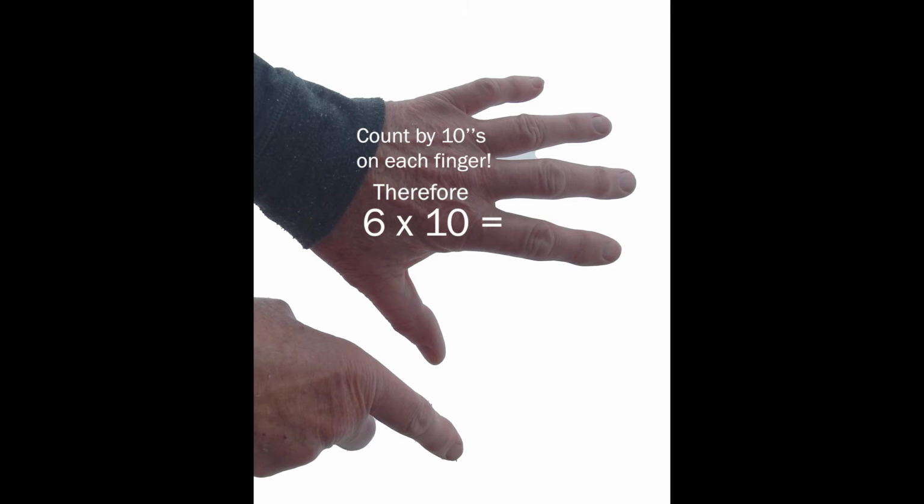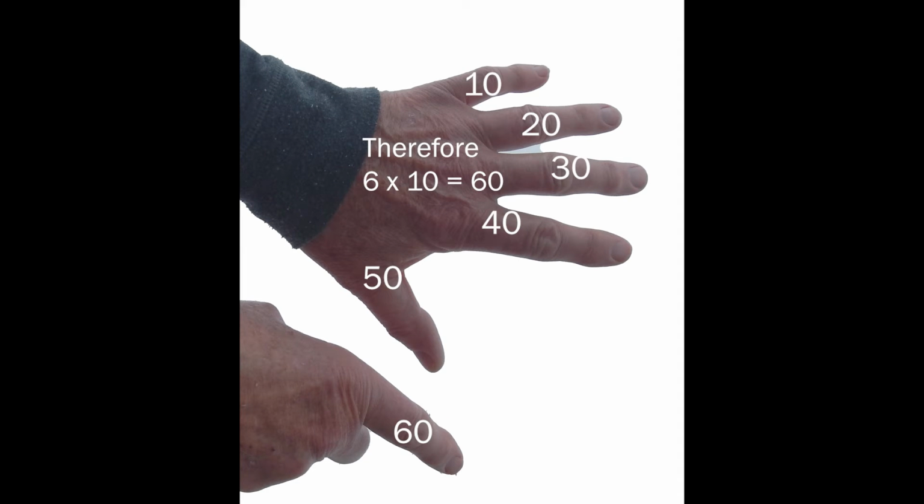Now I want you to count by tens on each finger. Therefore, 6 times 10 equals, what do you get? Check your work out. 10, 20, 30, 40, 50, 60. Therefore, 6 times 10 equals 60. Is that what you got? Good for you.